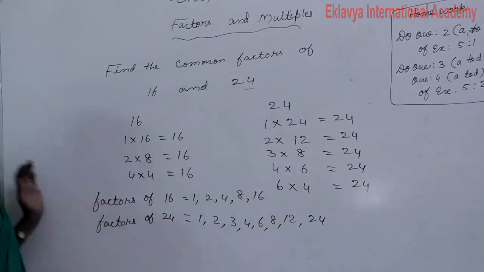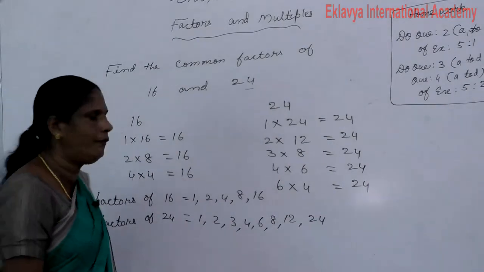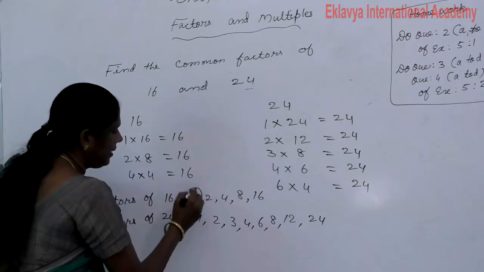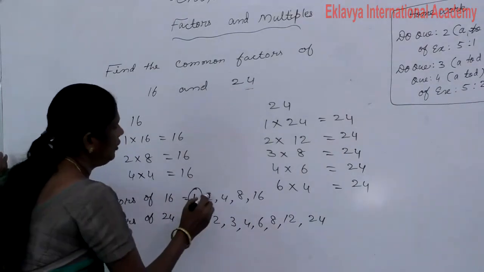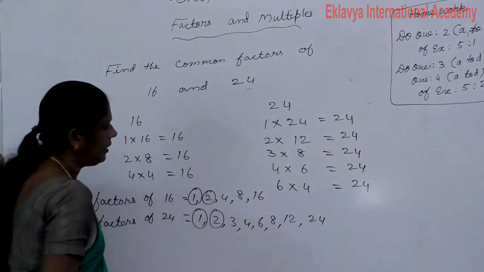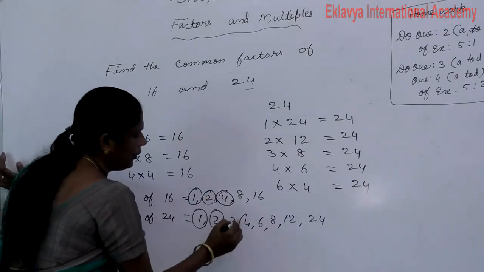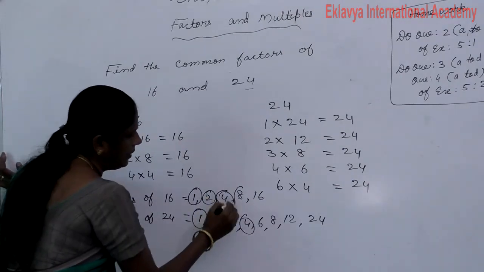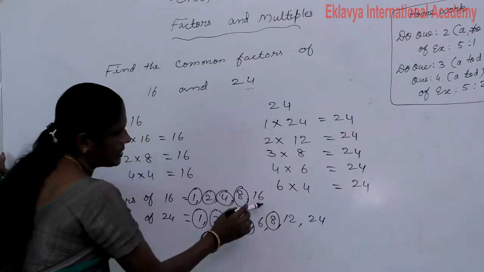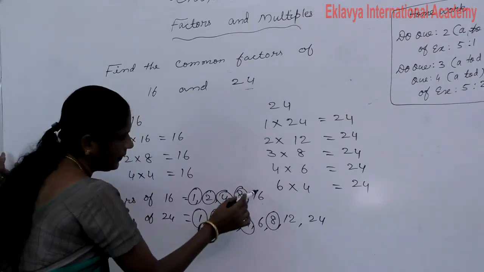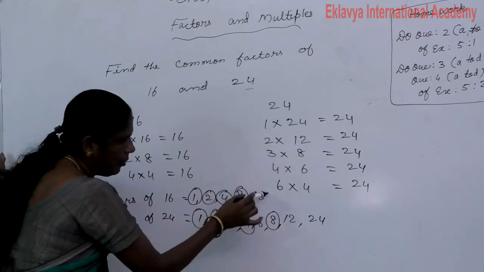Now we circle the common factors. 1 here, here also 1, then 2 here, 2 also here, then 4, 4, then 8, 8 here, then 16 here, no. Is 3 a common factor here?